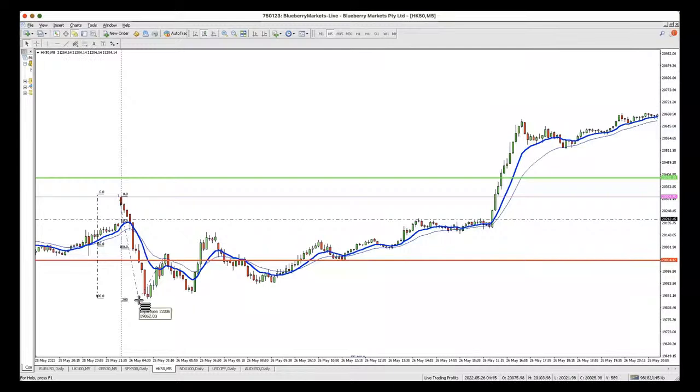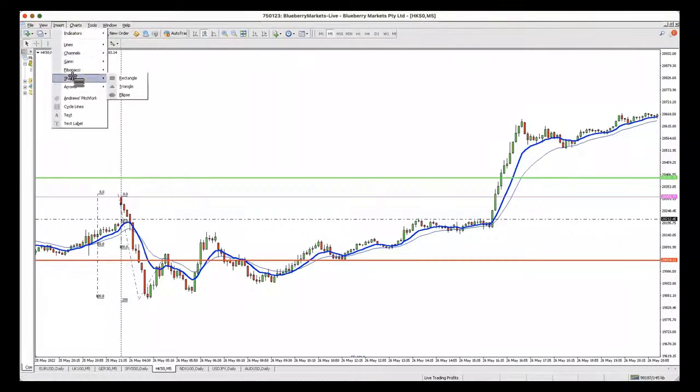You could still use this other tool, the extension, and this is how you'd use it. Insert Fibonacci expansion. So the market started there, and you are live in the market and say, hang on, we've now got a doji candle right here. Let me put it in.